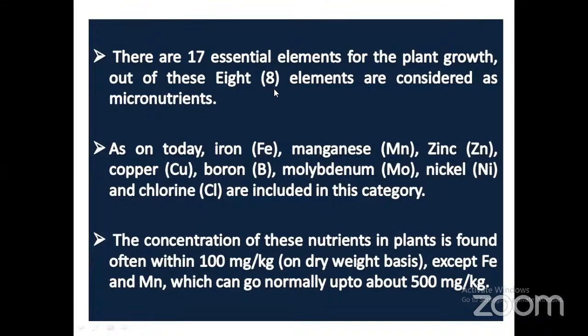It can simply be asked in the exam how many micronutrients there are out of 17 essential elements. You should remember directly that there are 8 micronutrients. As of today, iron, manganese, zinc, copper, boron, molybdenum, nickel, and chlorine are included in this category.